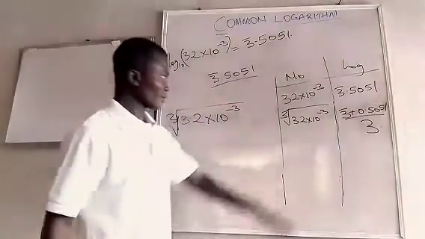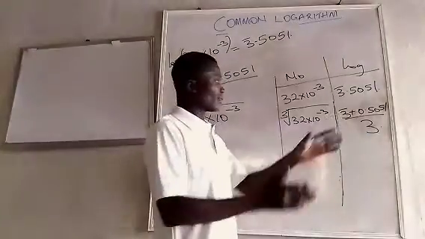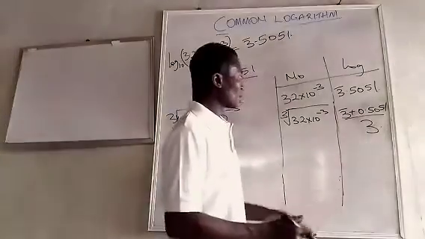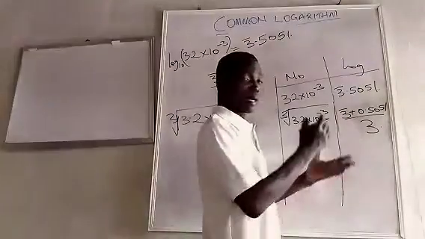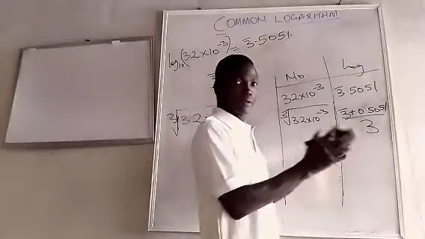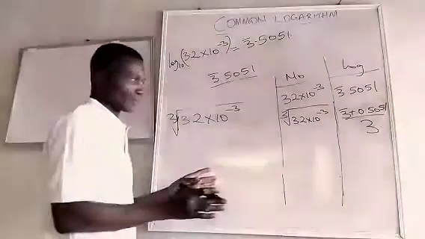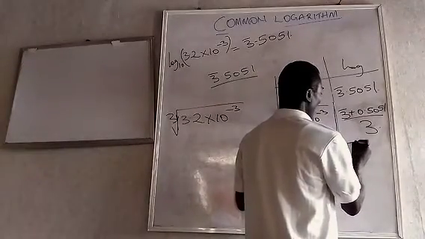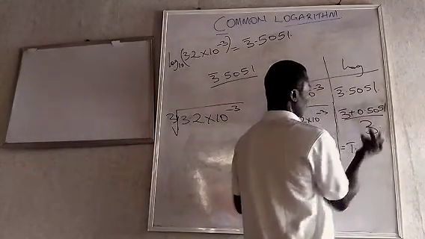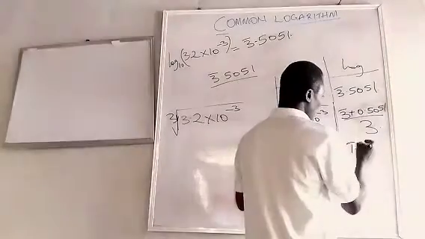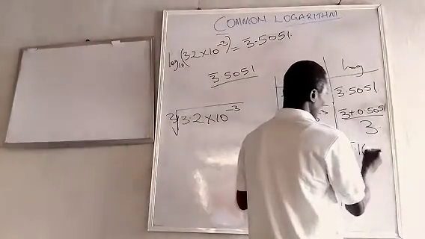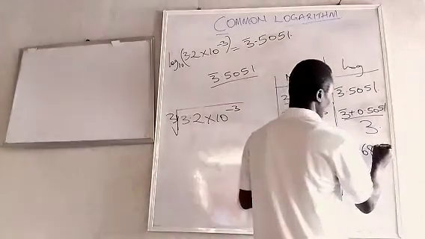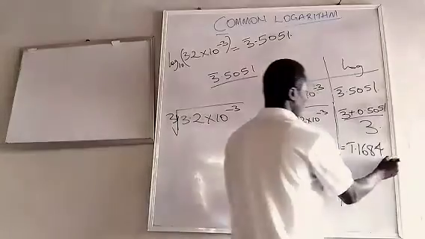You know what? 3 can go conveniently in this number. So if this is bar 3, bar 6, bar 9, you can leave it. You don't need any other manipulation. So like this one now, it's going to be bar 1.5051 divided by 3, and so on.